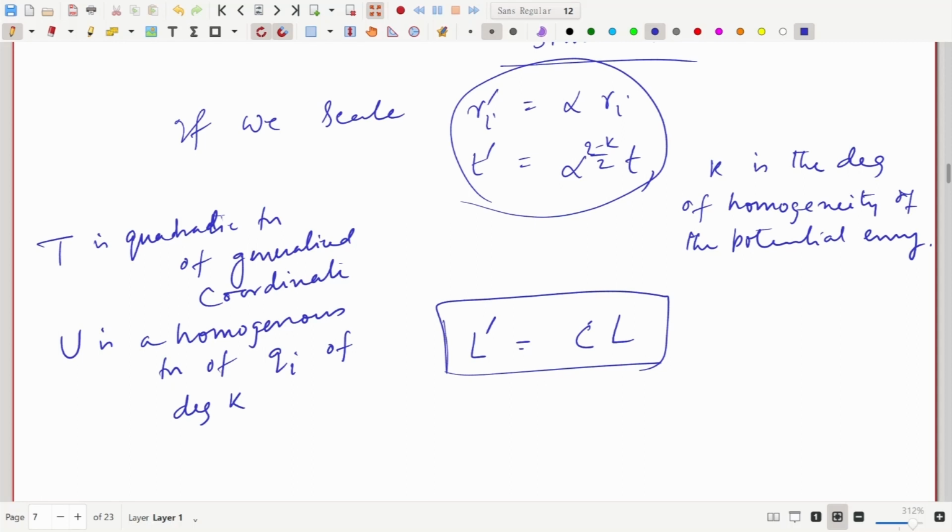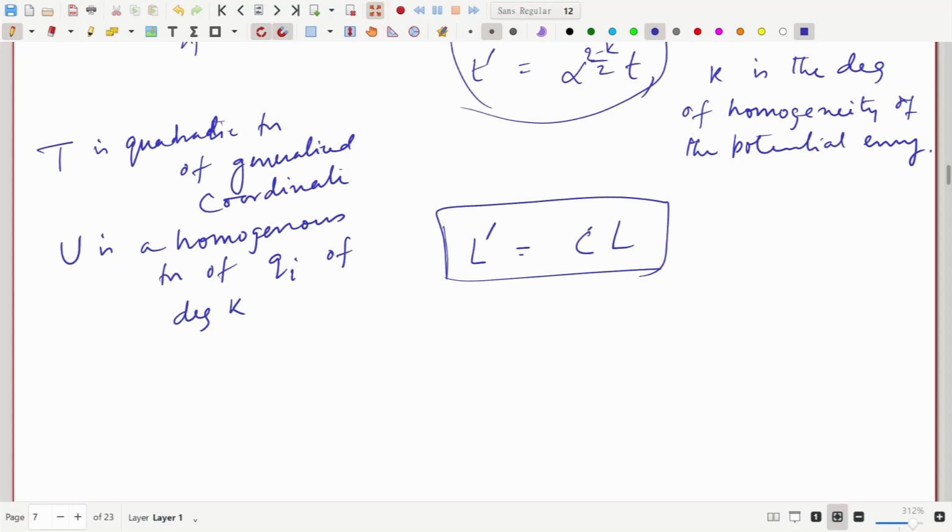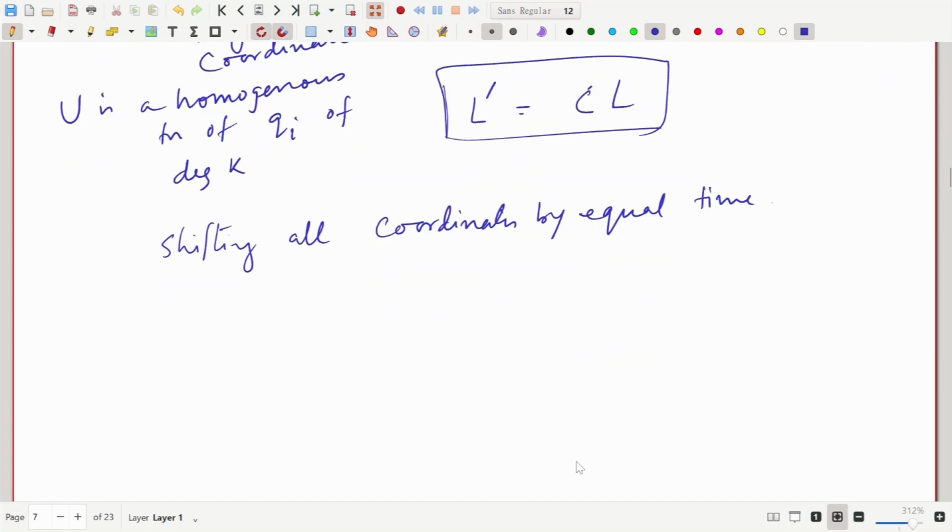Okay. So, this we have seen in the last class. Now, we will see what the consequence of this is. By scaling all coordinates by an equal amount, we find that the path in the configuration space changes. Let me draw the configuration space. The system was following this path.